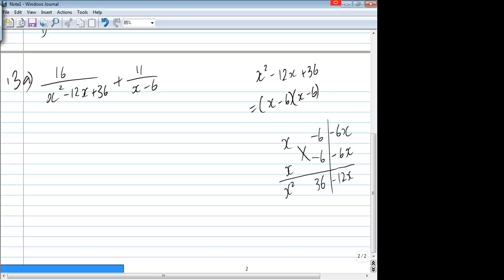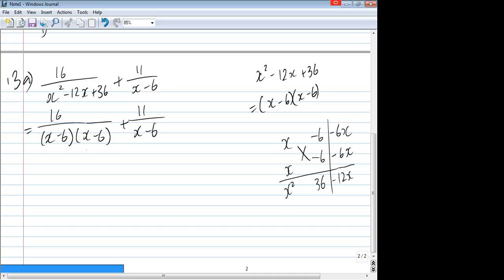What use is that? Do you notice that the second fraction has a denominator of x minus 6? So we can write this down as 16 over x minus 6 times x minus 6, plus 11 over x minus 6. Now is the time for us to change the denominator for the second fraction.